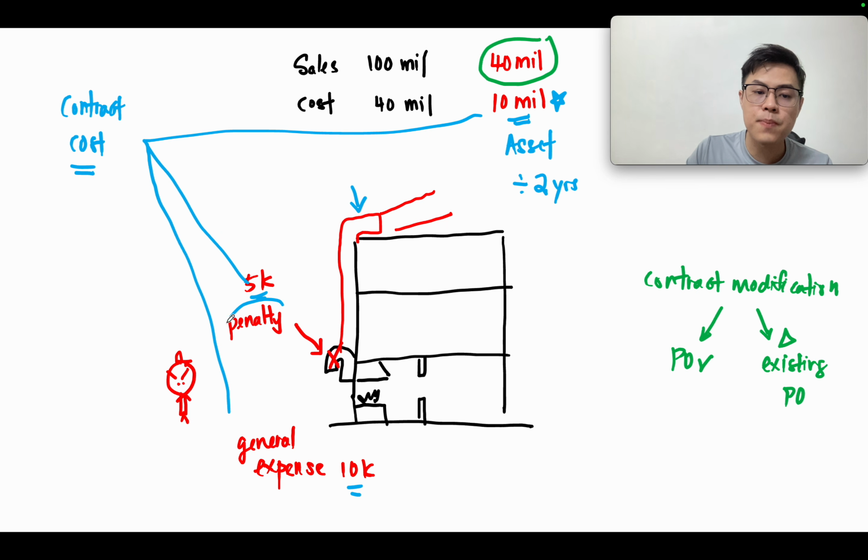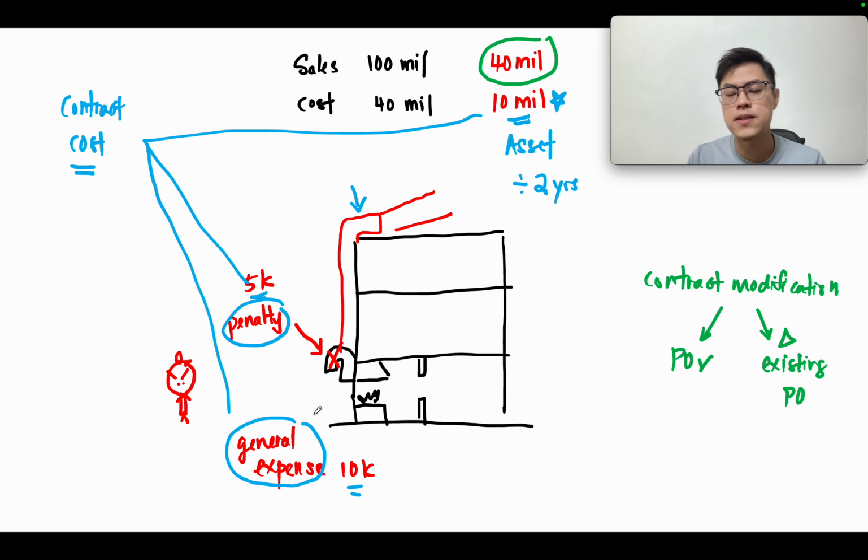But the problem is this penalty, 5,000, and general expenses. General expenses are specifically highlighted in IFRS 15: you shouldn't put them under your asset. You should recognize them under expenses immediately, because they do not enhance your future satisfaction of POs. It's just cleaning up the existing, so-called old design.